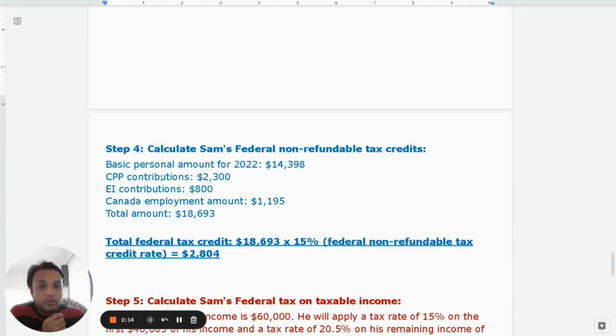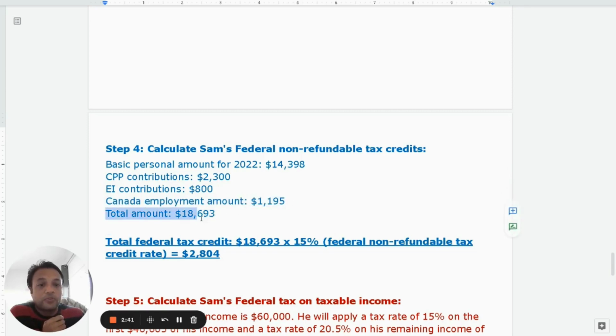Now let's move on to step number 4, calculating Sam's federal non-refundable tax credits. We know that basic personal amount for 2022 is $14,398. CPP contributions $2,300, EI contributions $800, Canada employment amount is $1,195.